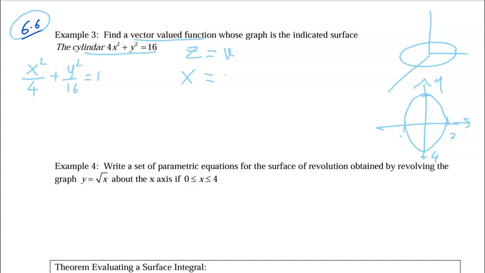So if I choose x as 2 cosine u, and then y as 4 sine u, that will take care of it, right?